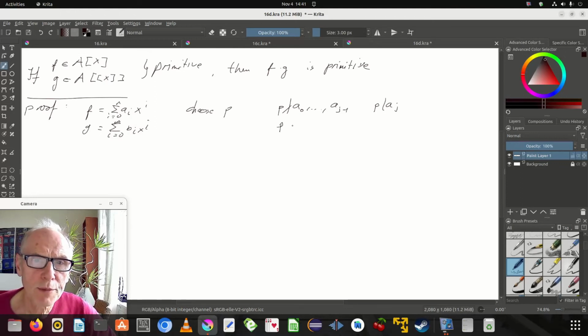And the same with b, we call that k: p fails to divide b_k, where p divides b_0 up to b_(k-1). And something should happen when we take j plus k.